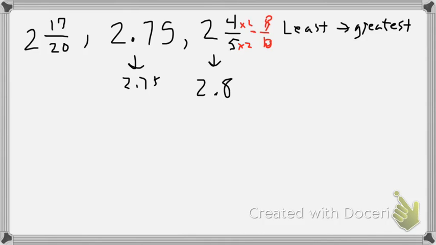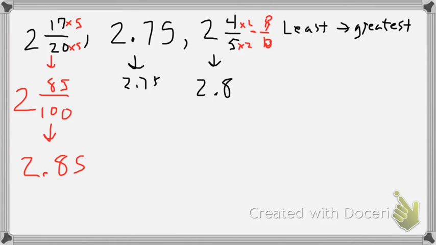This one's a little tricky. 20, we can reduce it to 10, but you can't reduce 17 to 10. So what we have to do is make this the next best thing, and that's 100. So your 2 stays the same. 20 times 5 is 100, and 17 times 5 is 85, which becomes 2.85 or 2 85/100.